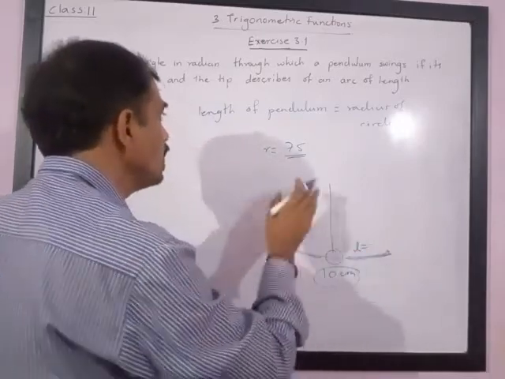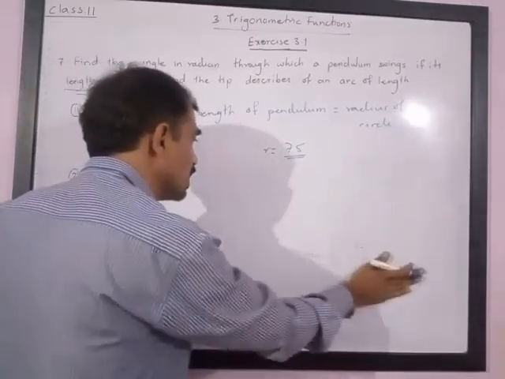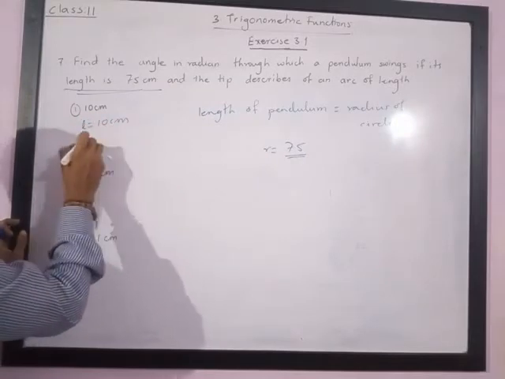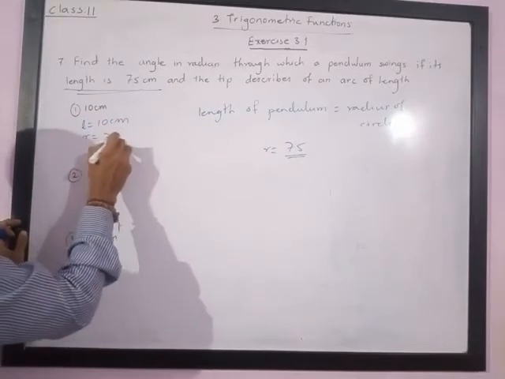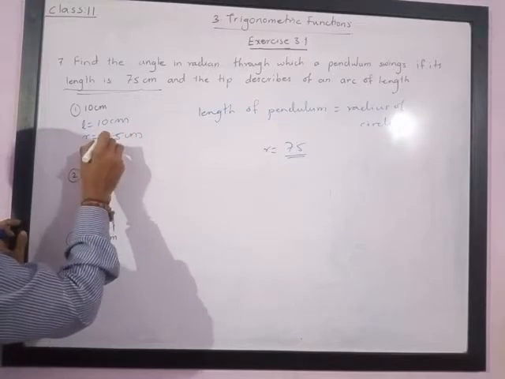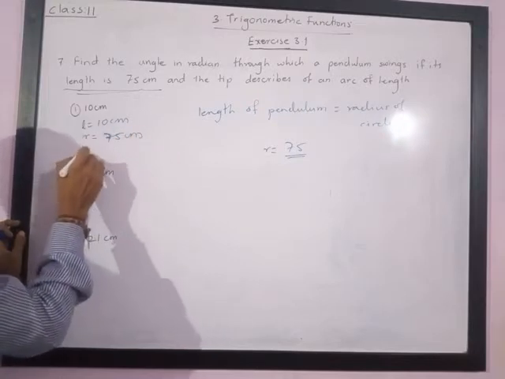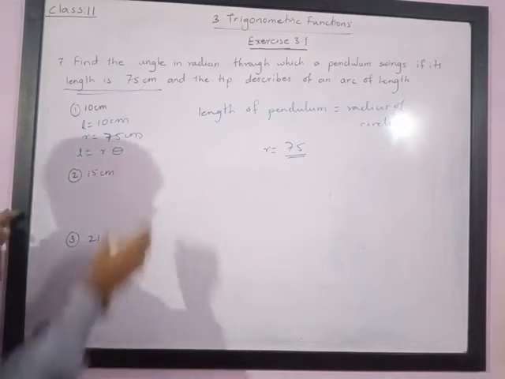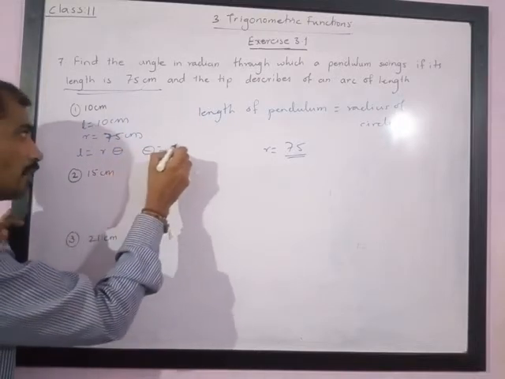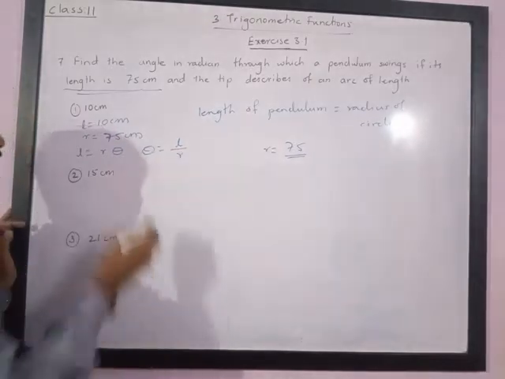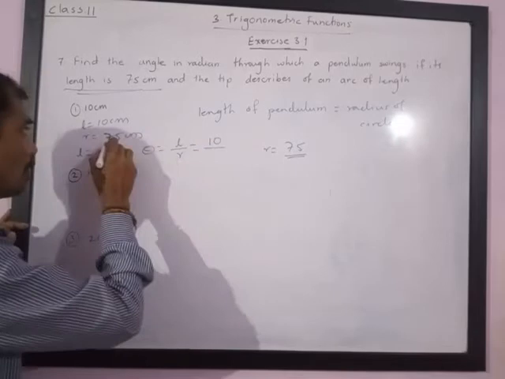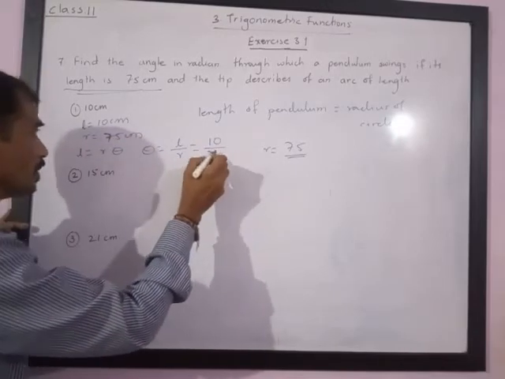So we are given length L is equal to 10 centimeter and radius is equal to 75 centimeters. Now we have the identity L is equal to r theta. It means theta is equal to L upon r. Therefore this is equal to 10 upon 75 radians.